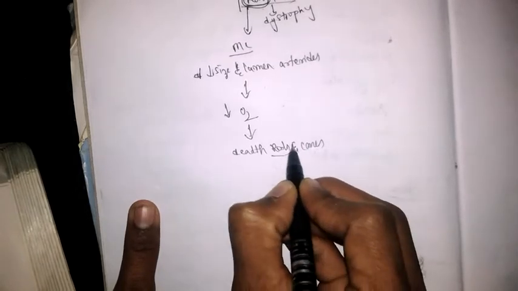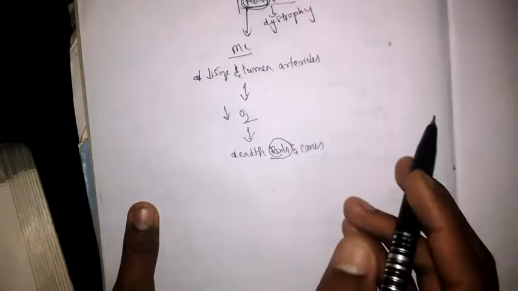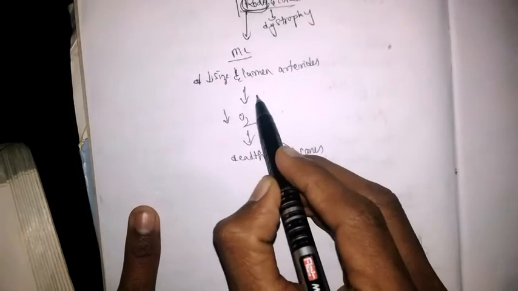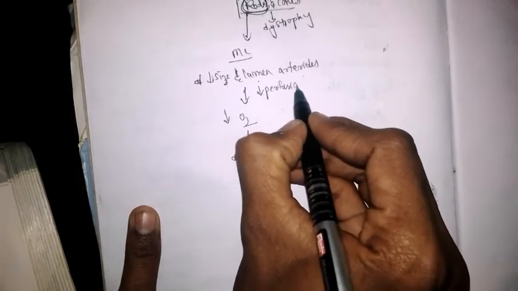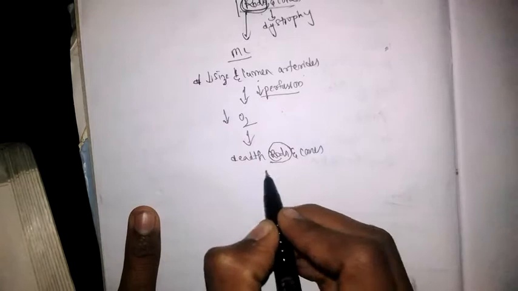Most commonly involved are rods, right? So due to decrease in size and lumen of arterioles, there is decreased perfusion, and due to decreased perfusion, it results in death of rods and cones. Most of the time it is rods that are involved.